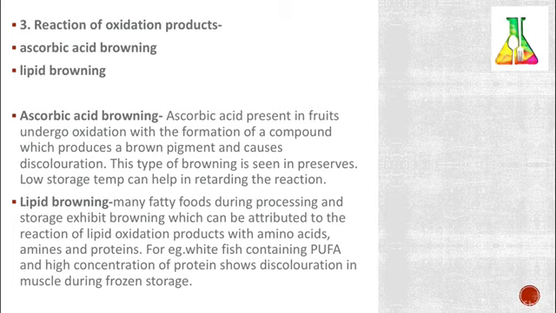Reaction of oxidation products. Okay, so ascorbic acid. Besides reaction of sugar and amino acids, breakdown of ascorbic acid during storage of the product may be another possible reason for the development of browning. Okay, so what is written here? Ascorbic acid present in fruits undergoes oxidation with the formation of compounds which produce a brown pigment.